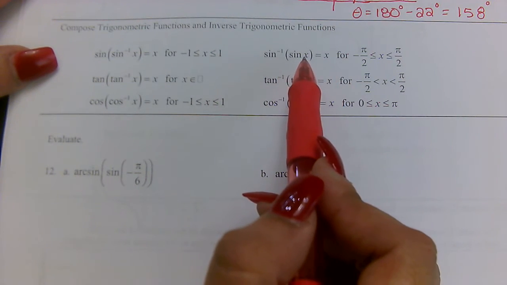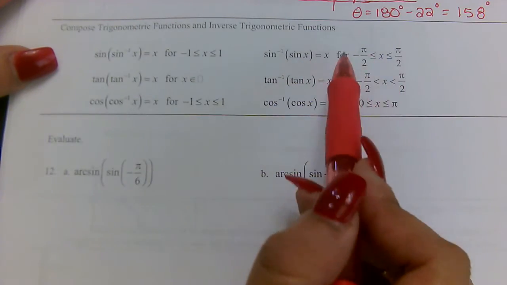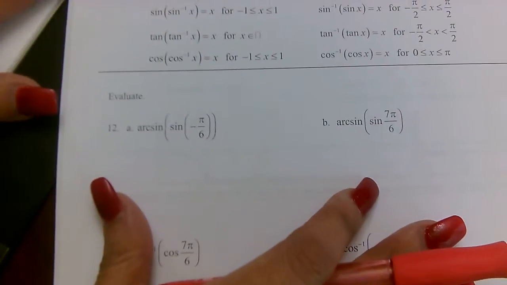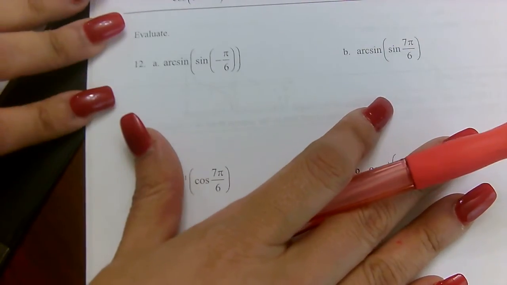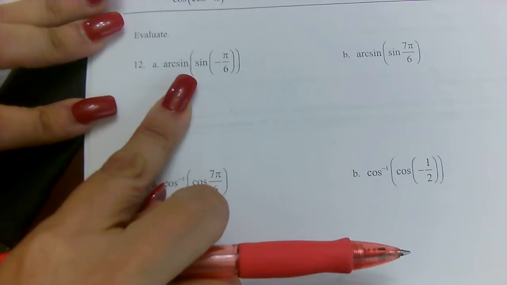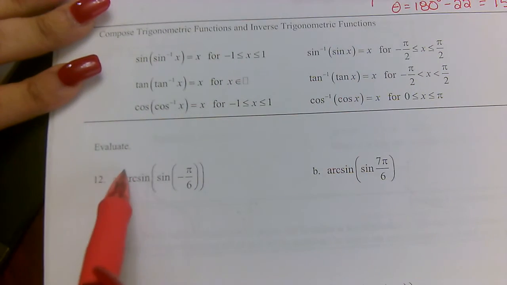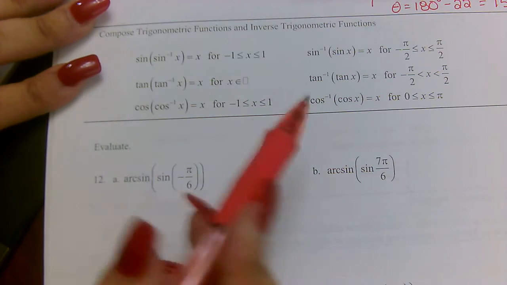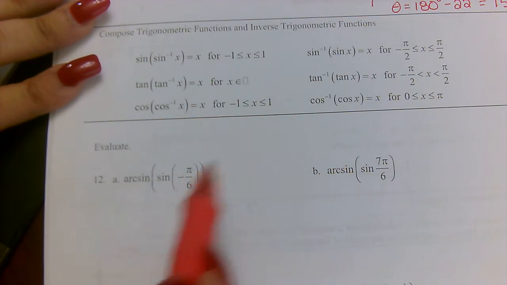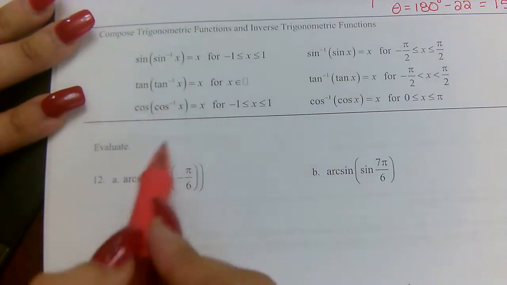It will be the value of x given it falls within those restrictions. So let's go ahead and look at this first example. Here you have arc sine and then you have sine. So again, it doesn't matter which one comes first. As long as they're opposite each other, you want to make sure that the answer falls within the restrictions, and you're good.